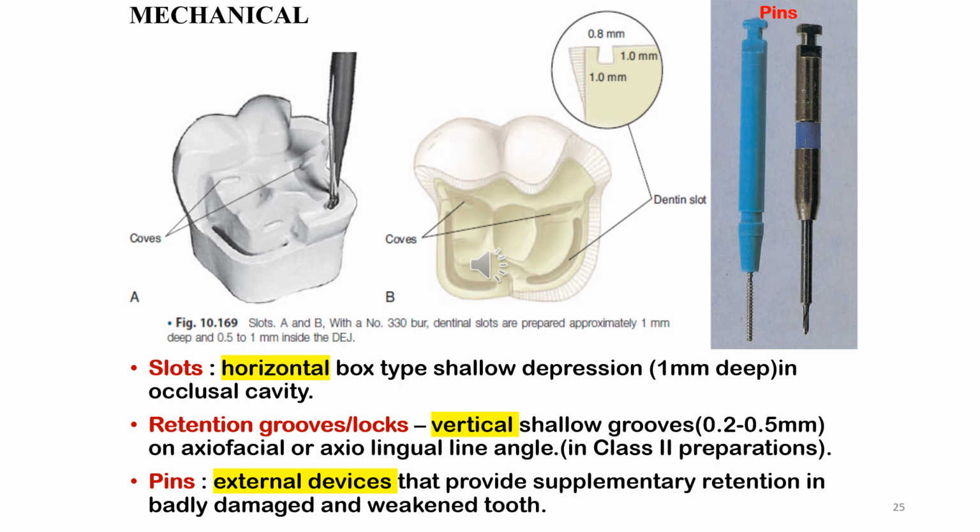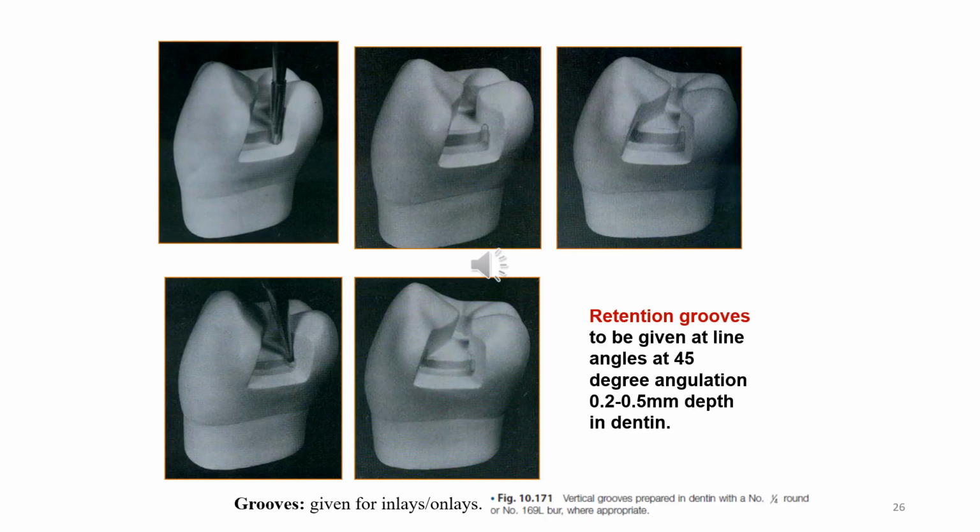Retention grooves or locks are the vertical shallow grooves of 0.2 to 0.5 mm on axiofacial or axiolingual line angles. Pins are the external devices that provide supplementary retention in a badly damaged tooth. Now this figure shows you a retentive groove preparation in the axiolingual line angle.